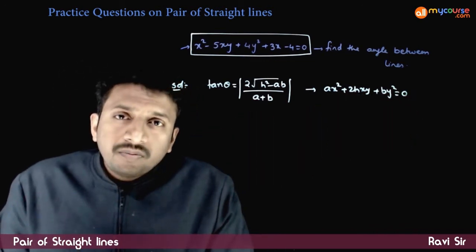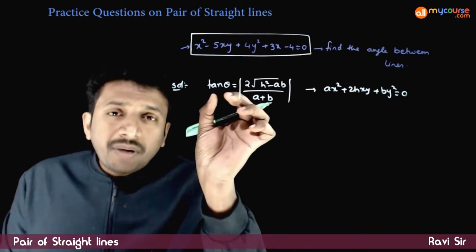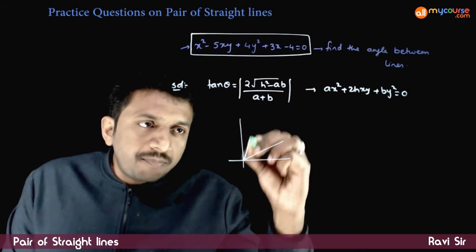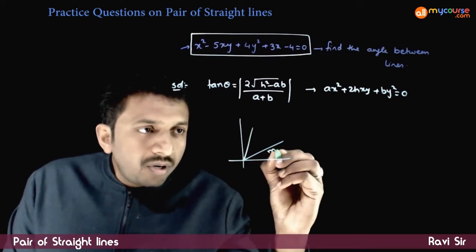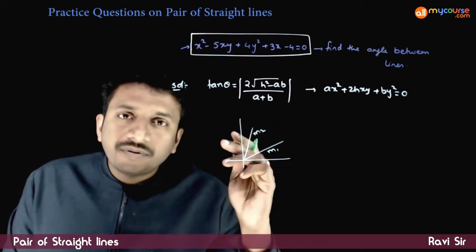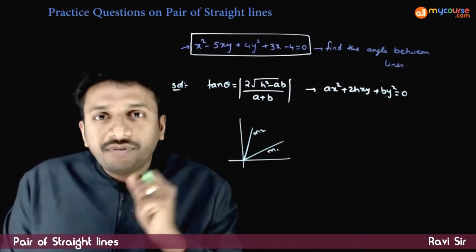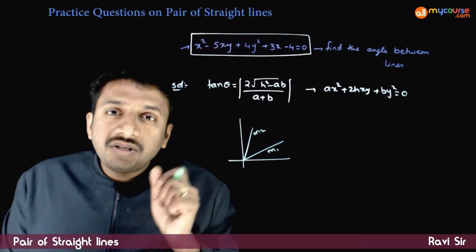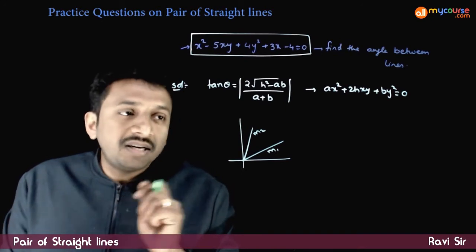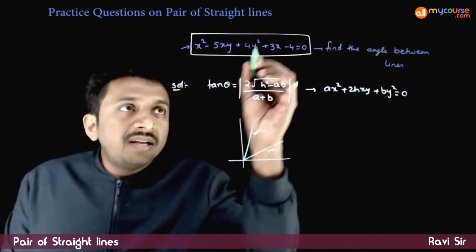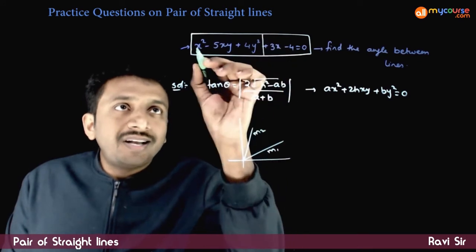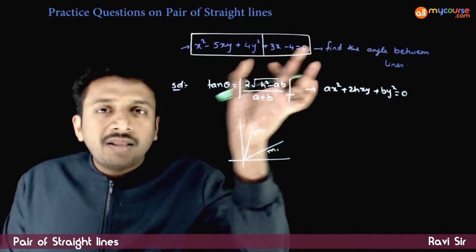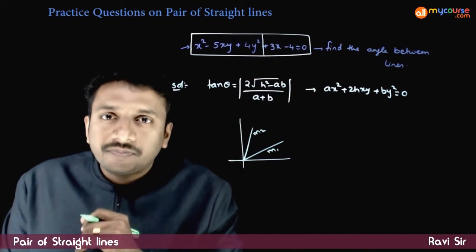As we know, the angle between the pair of lines depends only on the slopes of the lines. And in the non-homogeneous equation, we have seen that the slopes of the lines are determined by the quadratic part of the equation and the constants determine the non-homogeneous part of the equation.